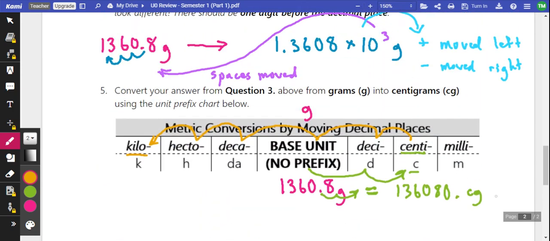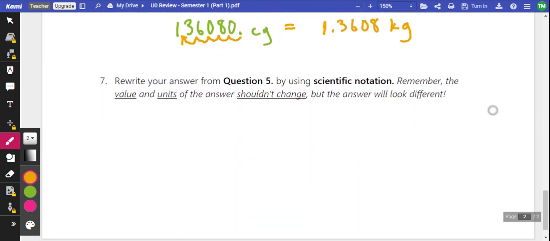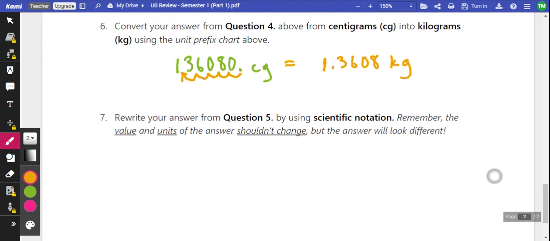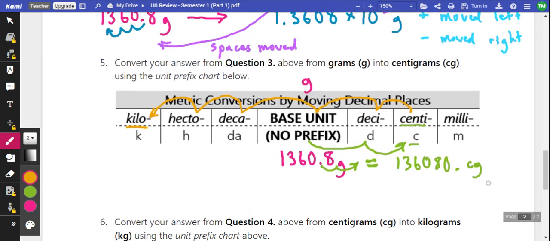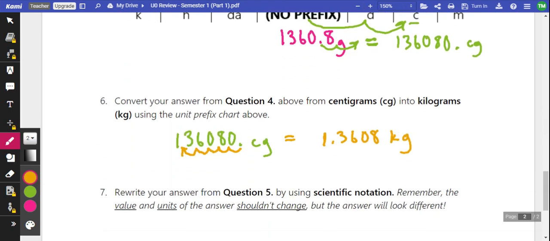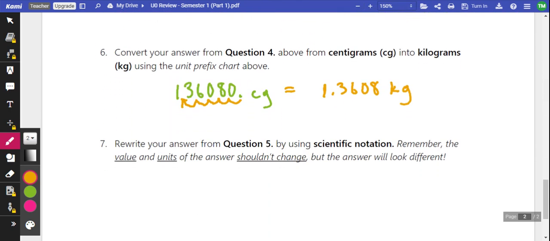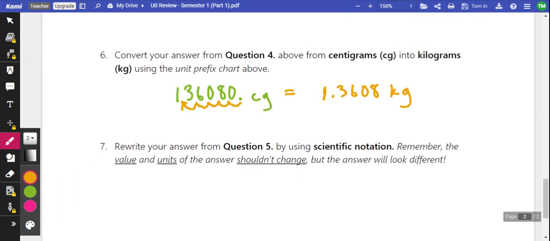All right. Oh, I haven't been circling these. That's okay. Okay, it looks like this is the last one. We're going to rewrite our answer from question 5, which was this guy up here, using scientific notation. All right. So that was this 136,080 decimal point centigrams.